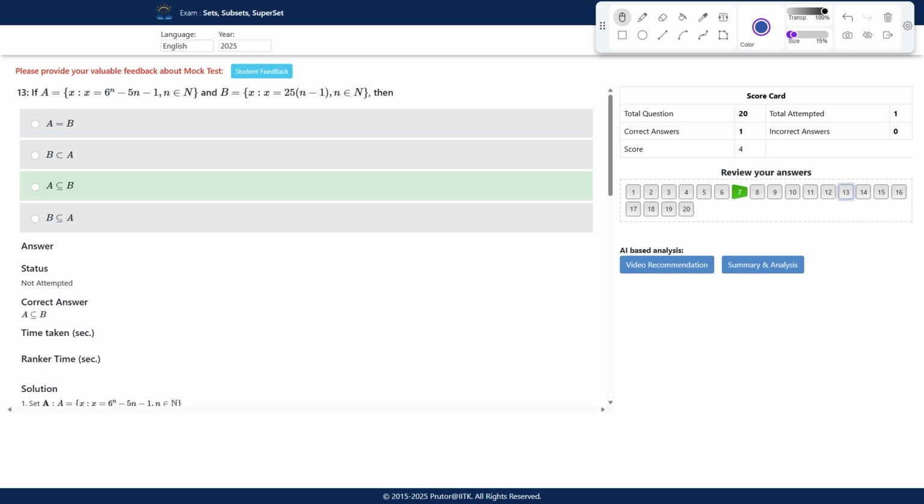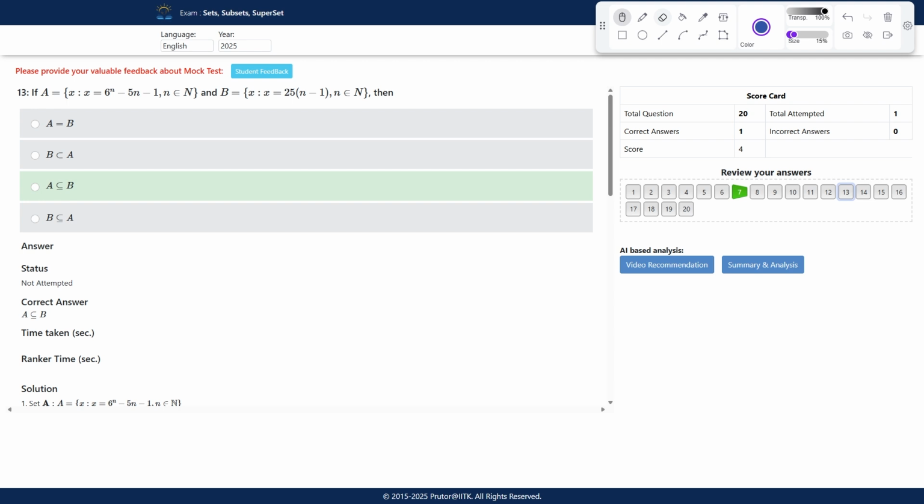So try this problem. Two sets in set builder form are given to you. Very simple. Try to write down their roster forms and see, are we getting both sets equal? Are we getting B as a subset of A, or A as a subset of B, or this B option? Clear?